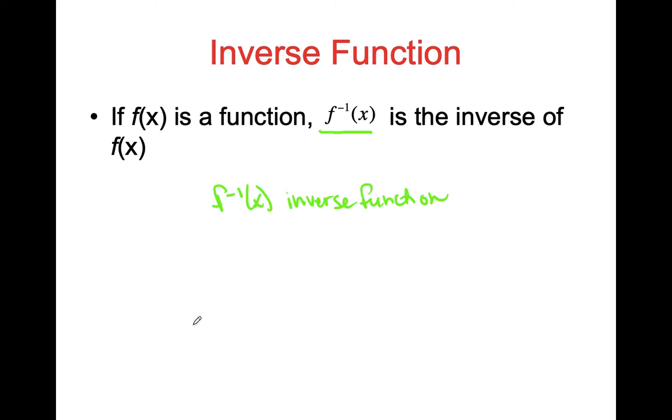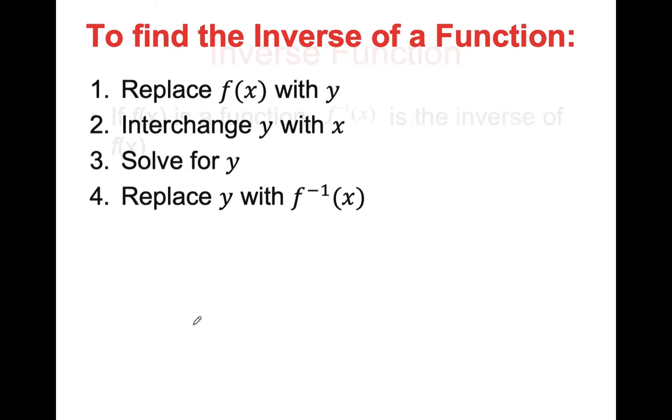So there are about 4 steps to find the inverse of a function. Sorry, these should have been one at a time. So to find the inverse of a function, step 1, replace f of x with y. Now technically you could ignore that step.